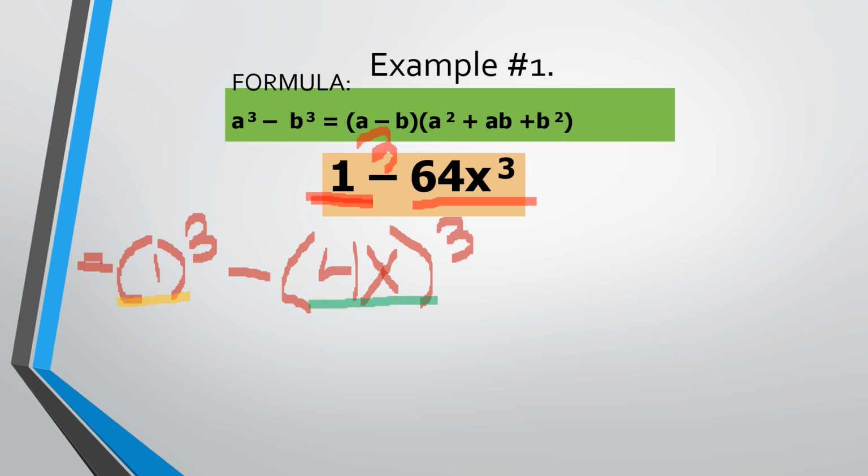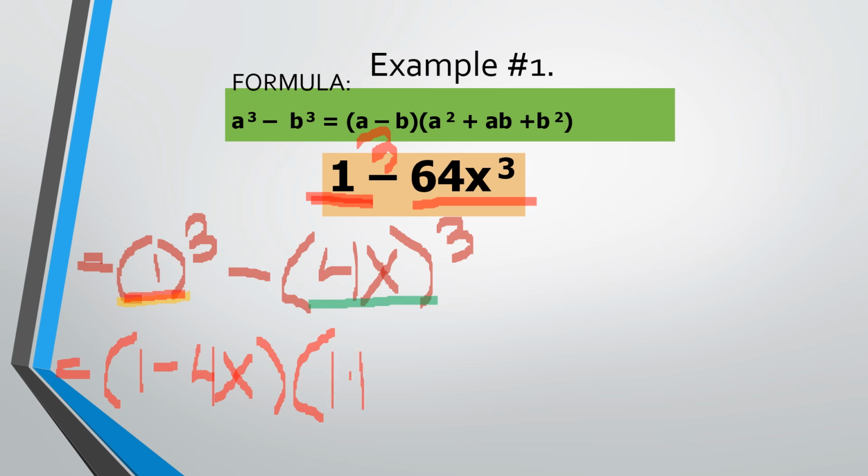So after that, let us now apply the rule. We have open parenthesis a minus b. It means we have 1 minus 4x. Then you close it. Open parenthesis, we have a squared. Our a here is 1, so 1 times 1, we have 1.